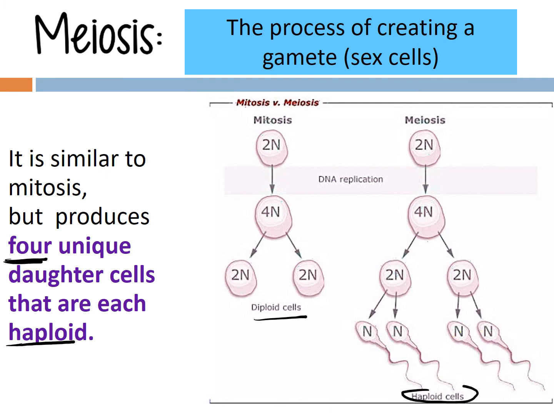So that's why you get 4 haploid cells versus 2. It's like mitosis 1, if there was such a thing, it's just mitosis. So this right here is meiosis 1, and this right here is meiosis 2.